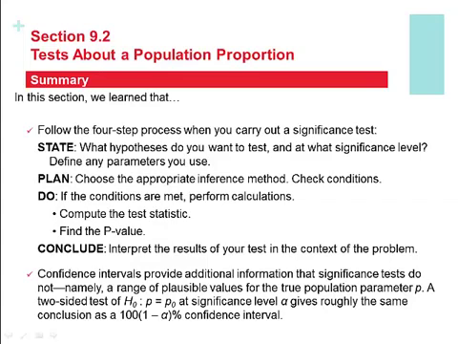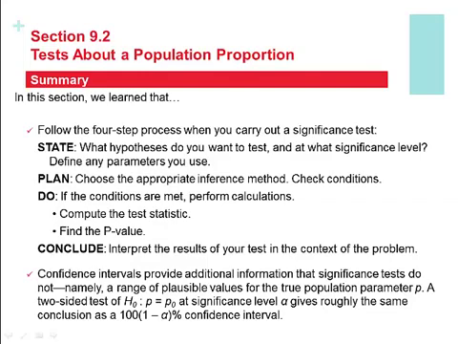T is test statistic. O stands for obtain the p-value. M, make a conclusion. And S is a statement in context. As long as you follow the PHANTOM steps, you will be okay in carrying out a significance test.